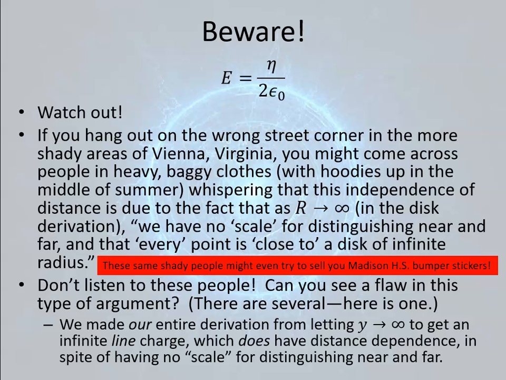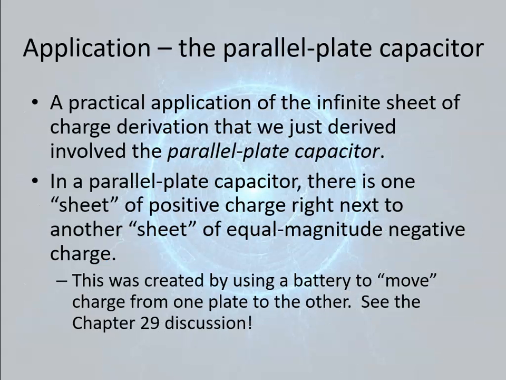But we already established that the electric field due to an infinite line of charge is 2k lambda over r, where lambda is the linear charge density, and there's that r there that you just can't get rid of. So beware of arguments having to do with infinite charge distributions.